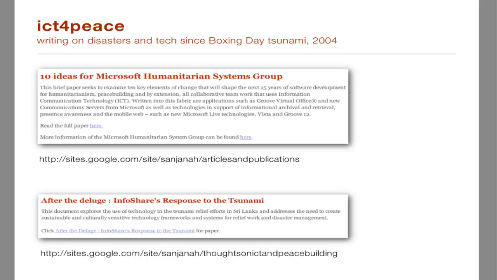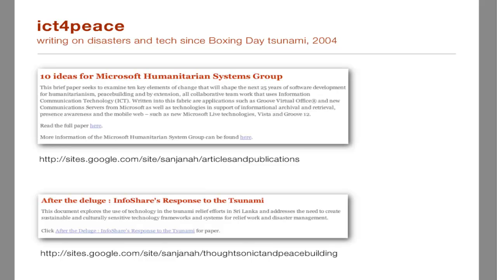This is stuff written years ago, but out of personal experience, that seems to be very resonant even today. And so that brings me to the ICT for Peace Foundation, which I've been very happily associated with since 2006, when Daniel invited me to join it.